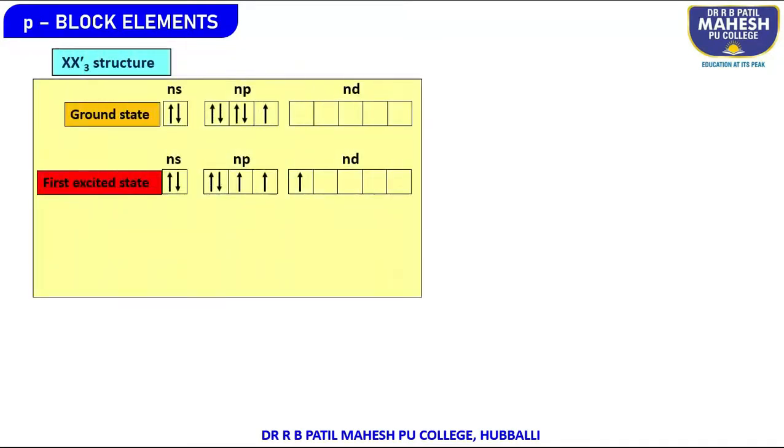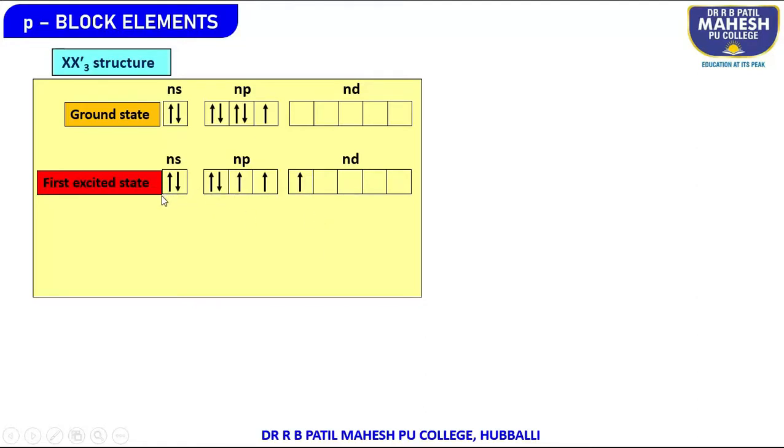Let us see the structure of XX dash 3. In the ground state of group 17 elements, we have the general outermost valence shell electronic configuration of ns2 np5. So during formation of XX dash 3, the paired electrons of one of the p orbitals get shifted to the d orbital present in the outermost valence shell, thereby forming 3 unpaired electrons, and along with that we have 2 lone pairs of electrons.